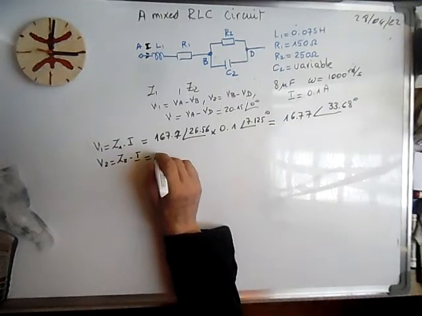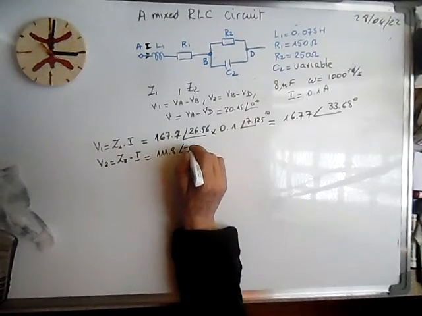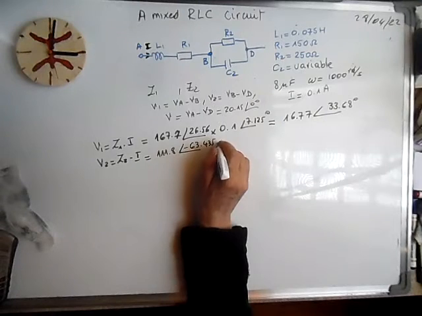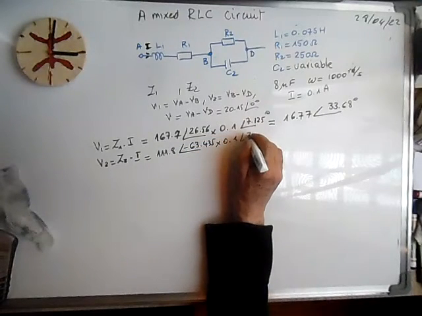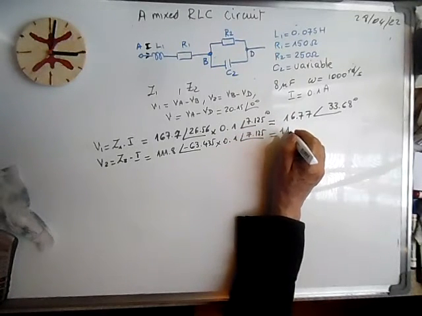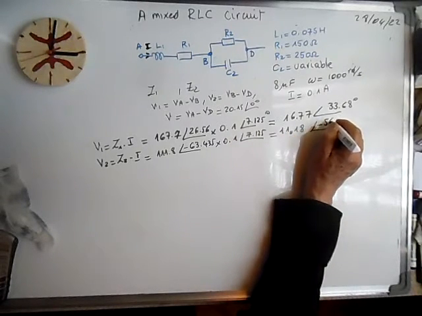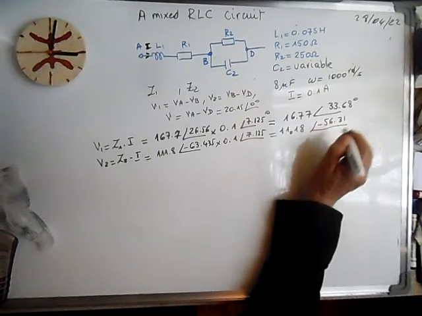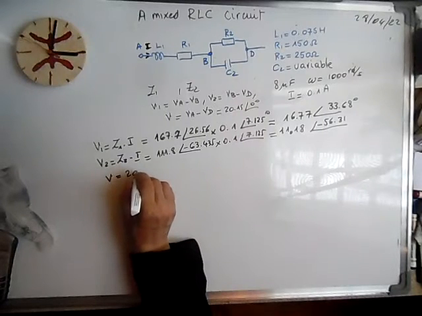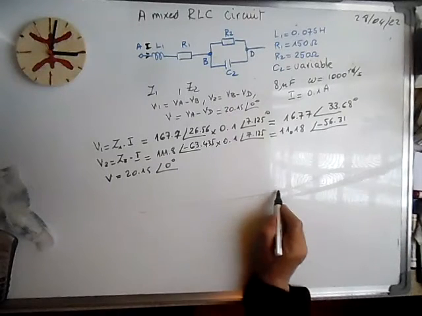Z2 is 111.8 with minus 63.435 times 0.1 with 7.125 gives 11.18 with an argument of minus 56.31 degrees. And V we calculated earlier, 20.15 with 0 degrees, and we can draw the vector diagram.